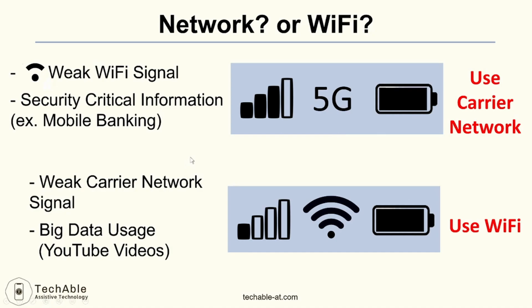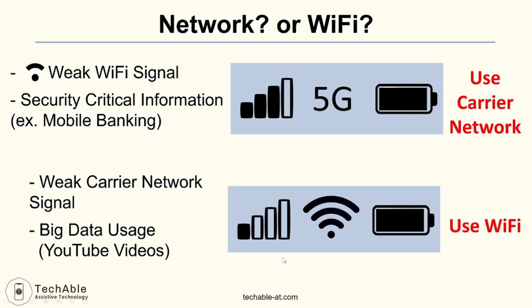Now let's look at the opposite cases. When I went to a library, I only had one or no vertical bar, which means I had very weak signal from my mobile carrier network.